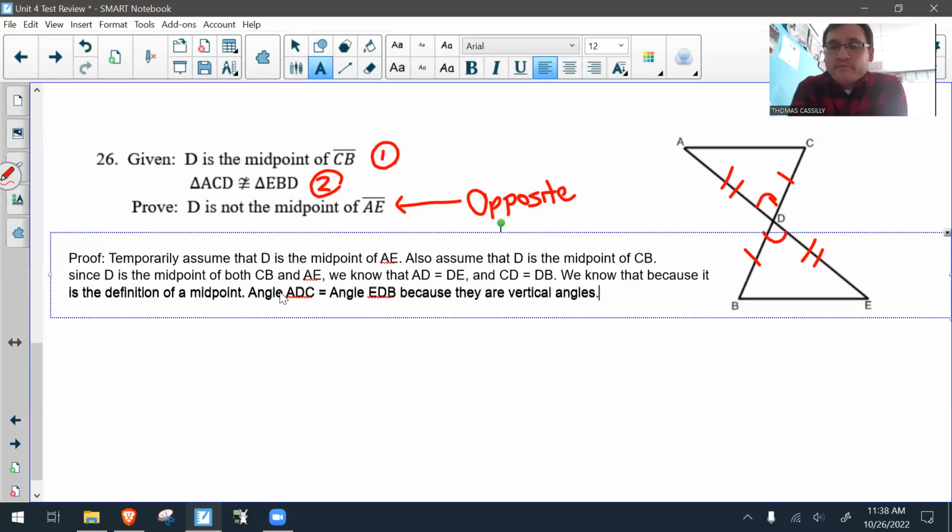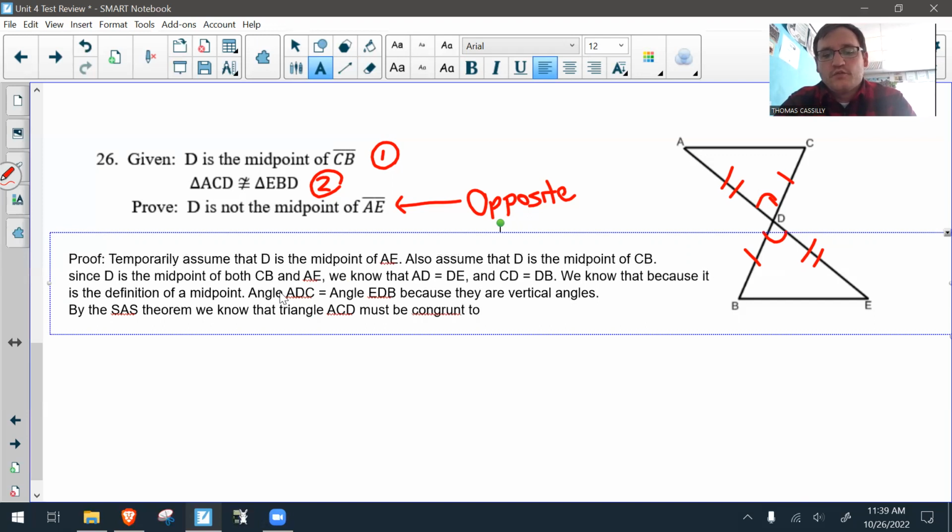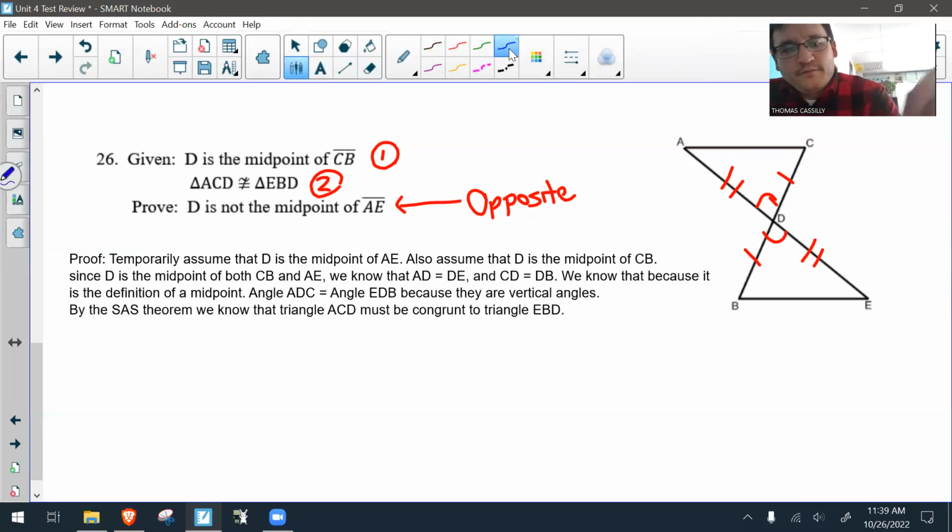So looking at this, what can we say now? By the SAS theorem, we know that triangle ACD must be congruent to triangle EBD. So there it is. That's bad. Let's look at this statement right here, triangle ADC must be congruent to triangle EBD.